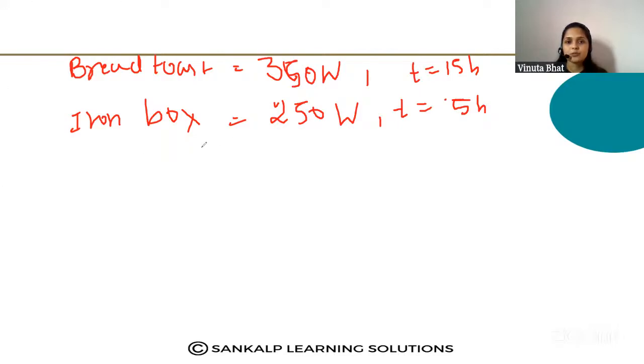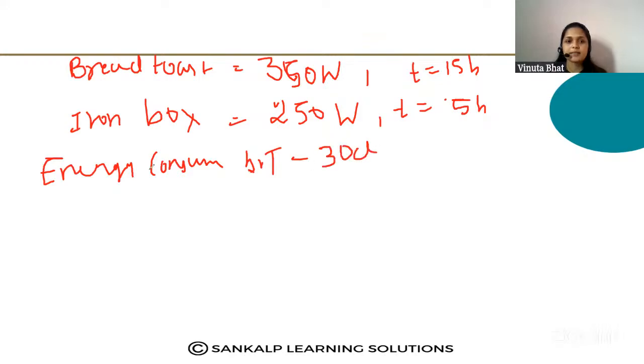Let us take the first one. The energy consumed by the bread toaster for 30 days. How we have to calculate: power is 350 watt, and how many hours it is used? 15 hours into how many days? 30 days.